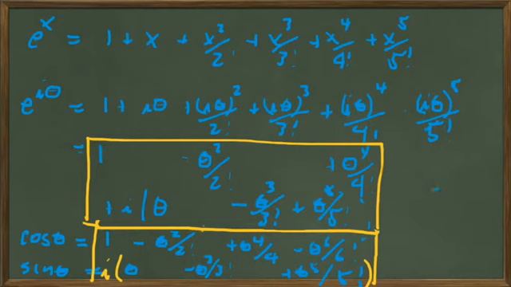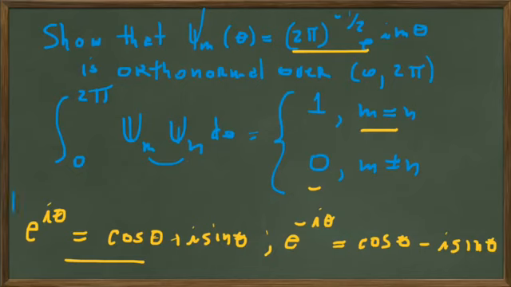So again, e to the i theta and cosine theta plus i sine theta are both the same thing. That shows this identity that we're going to use in showing the orthogonality.